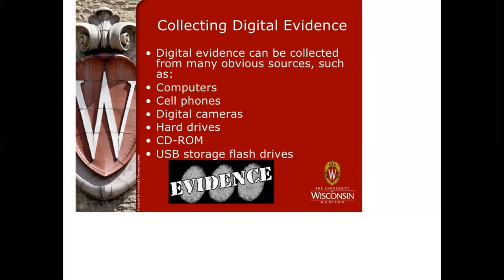Whenever I ask you, okay Sanjog, tell me, a crime has occurred, so where can we get the information? You'll say, sir, from the laptop, desktop, from the cell phone of the victim, or from the digital camera, the CCTV camera, the hard drives, the CD-ROM. Yes, sir.